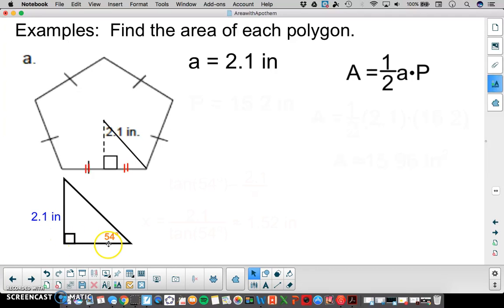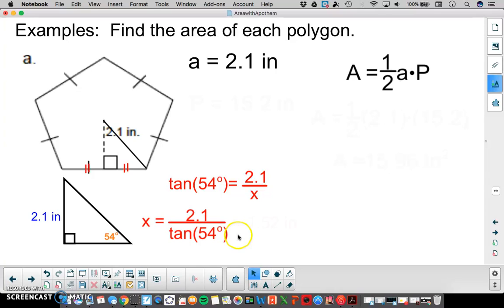Opposite and adjacent means we're going to be using tangent. So tangent of 54 degrees equals 2.1 over x is our equation. We would multiply by x and then divide by tangent of 54, and we would get x equals 2.1 divided by tan of 54, which is approximately 1.52 inches.